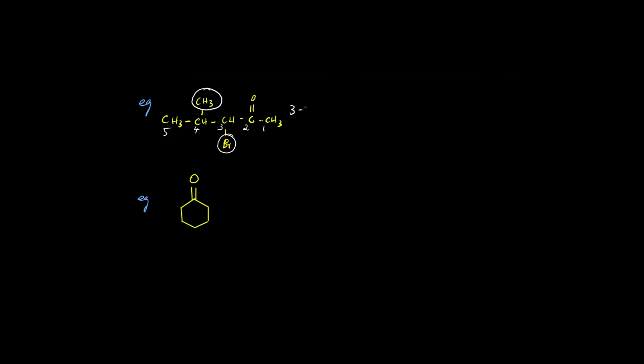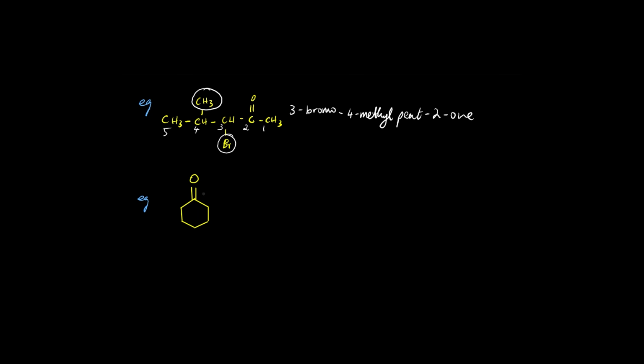It would be called 3-bromo-4-methylpentan-2-one. Why 3-bromo? Because the third carbon has the bromine substituent. 4-methyl because the fourth carbon has the methyl substituent. Pent because there are 5 carbons in the longest carbon chain. And 2 because the second carbon has the double bond O attached to it, which is the functional group. And one simply because it is a ketone.